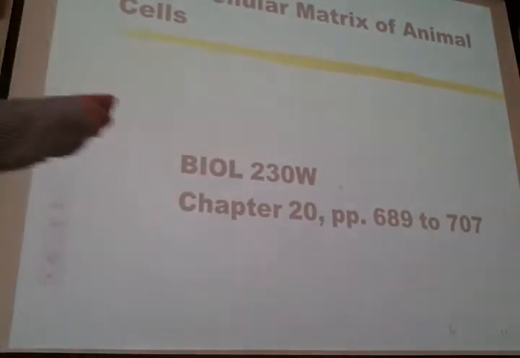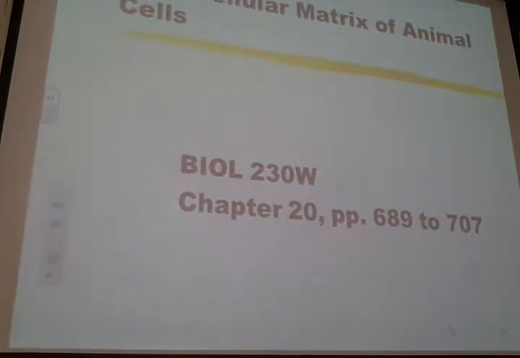Animal cells have a layer outside themselves as well. That's usually referred to as the extracellular matrix. So it is sort of equivalent in that there's a layer outside the cell, but the extracellular matrix is nowhere near as structurally strong as a cell wall.